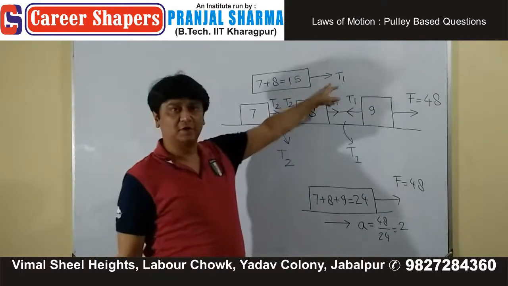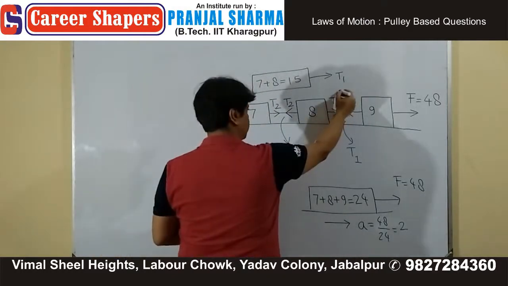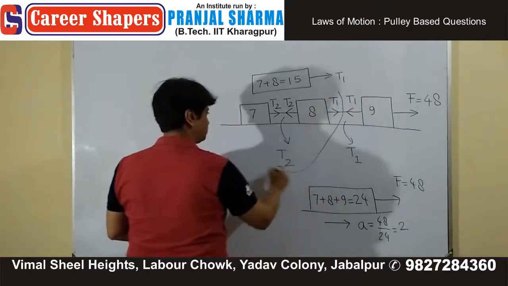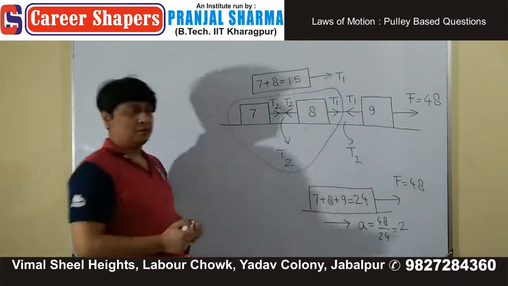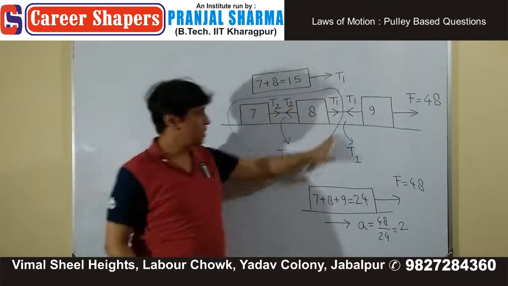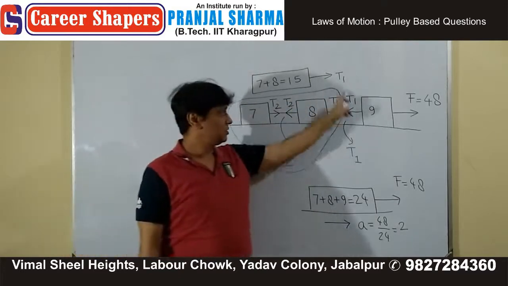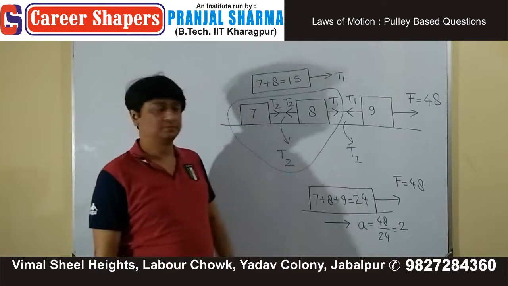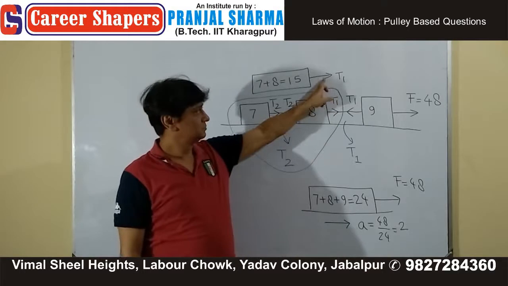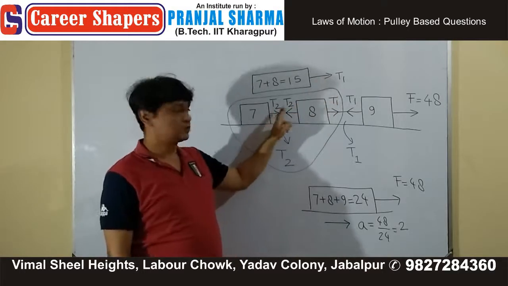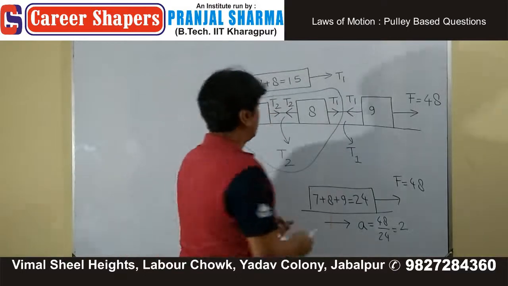For finding T1, you must consider this much portion. The portion lying in this blue boundary only. The moment you draw a system like this, these two forces, you don't have to show them, they are now internal forces.